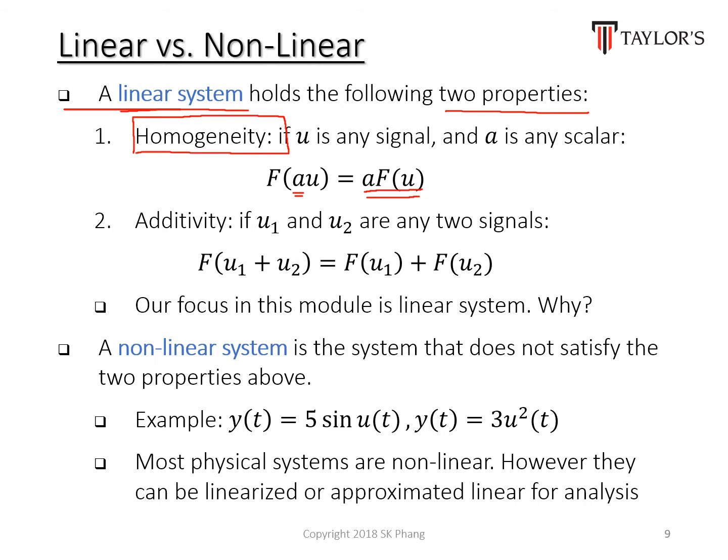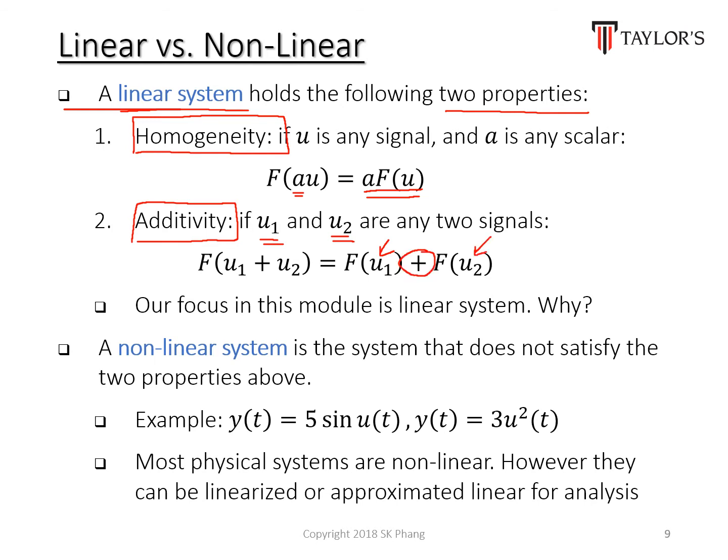Additivity, the second property of a linear system, means that any two different inputs to the system will have the same result as each individual input to the system and added up together.